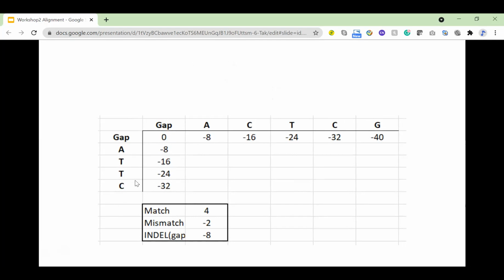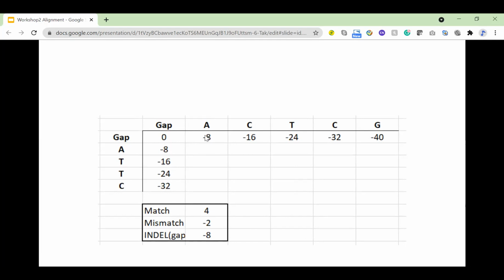And the reason why you can see this -A, -16 is literally because we assign -8 to this indel. If you look at the second cell here, obviously it's a gap with A. Gap with A, remember the terminology, is actually called indel. So we actually use this -A here.